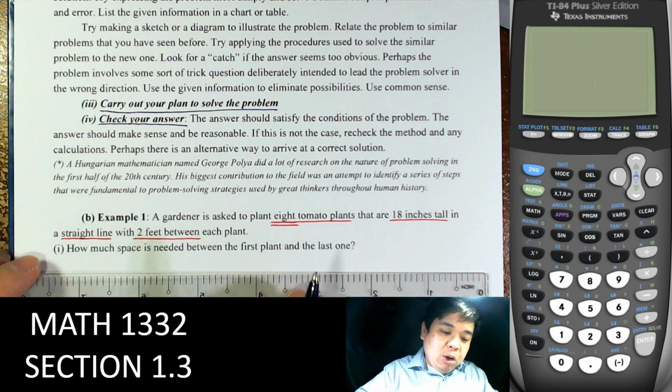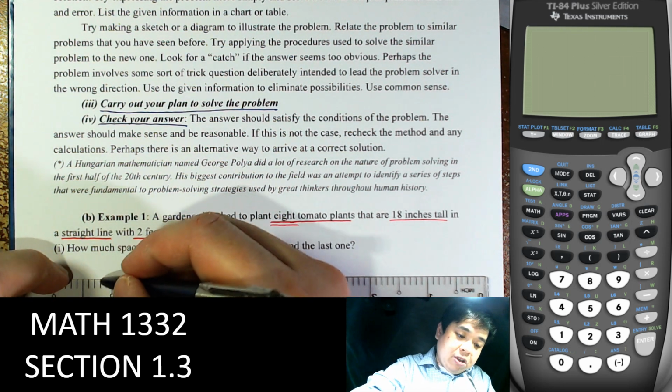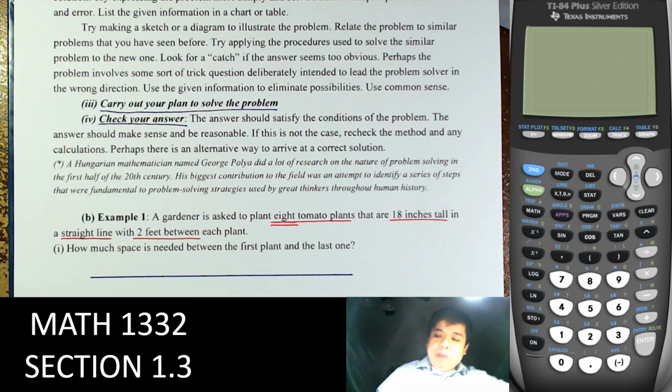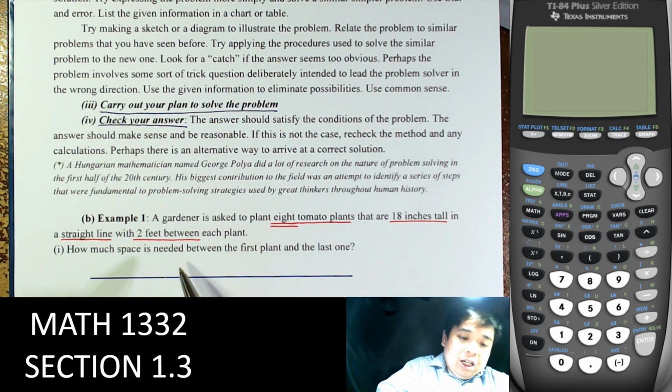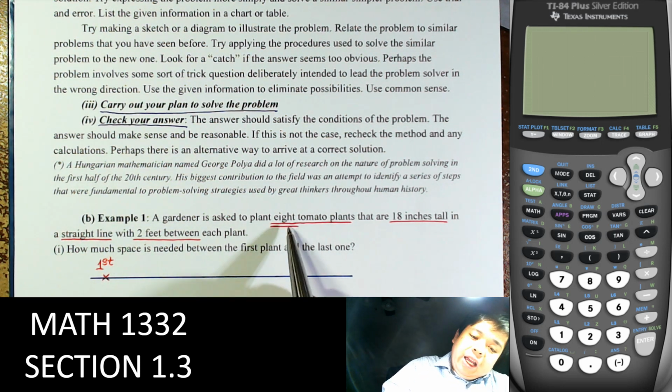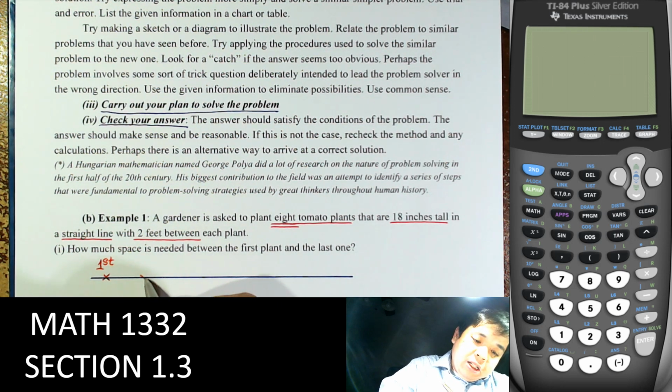Now we'll draw a line, because that's where we plant the tomatoes, and the 2 feet between them. So this is the first plant, and there are 8 of them. We'll just keep doing that.